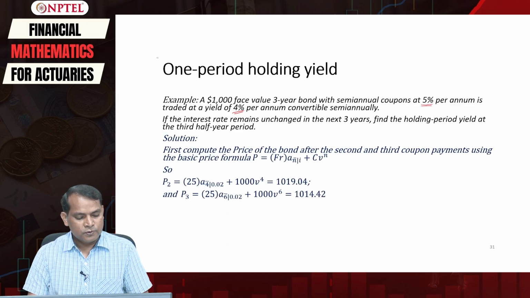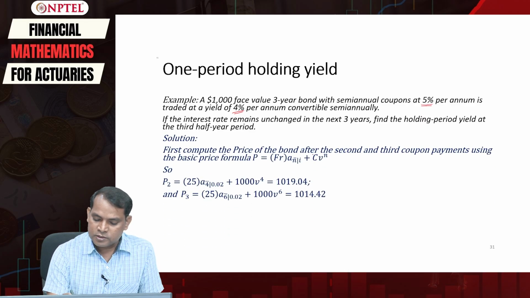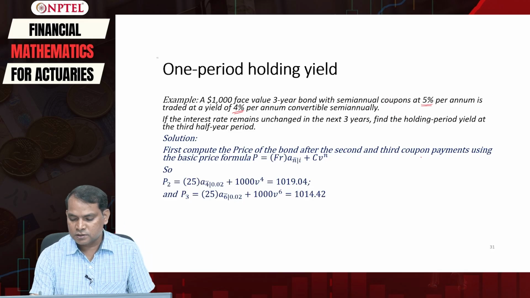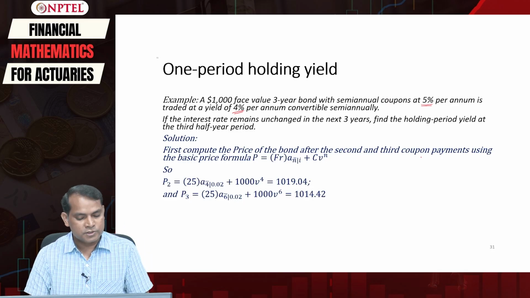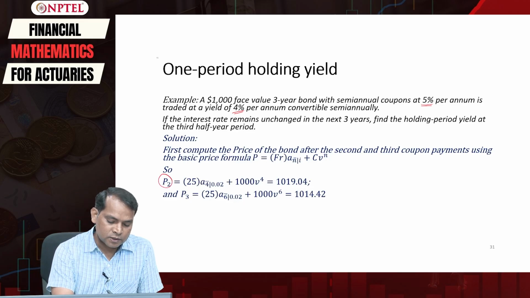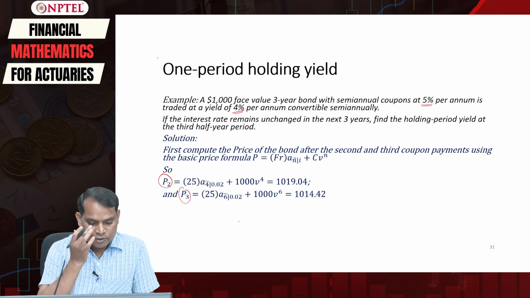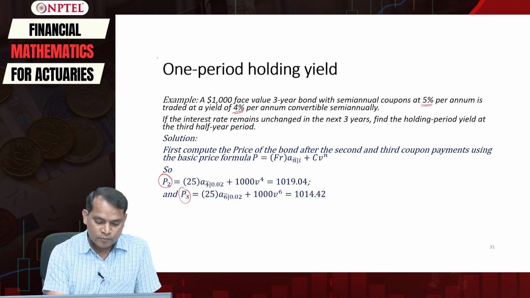So, for the solution, we first compute the price of the bond after the second and third coupon payments using our basic price formula. That is, we have to compute P_2, the second period price, and the third period price. For the second period price, n will become 4, that is 2 multiplied by 2.